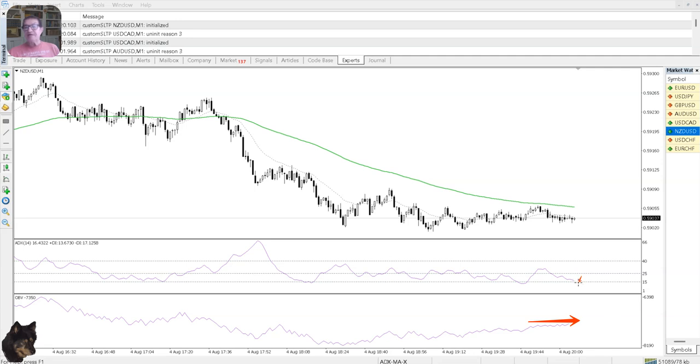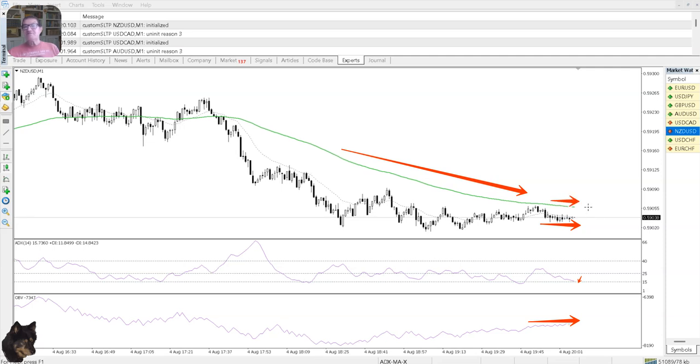We're right at the edge of the 15, meaning it goes into flat territory. Price is also flat. It's below the 100. The 100 had a nice down run, but seems to kind of flatten out a little bit right here. Is this a position I would take? No, it's a position I'm not going to take because the signals aren't strong enough.